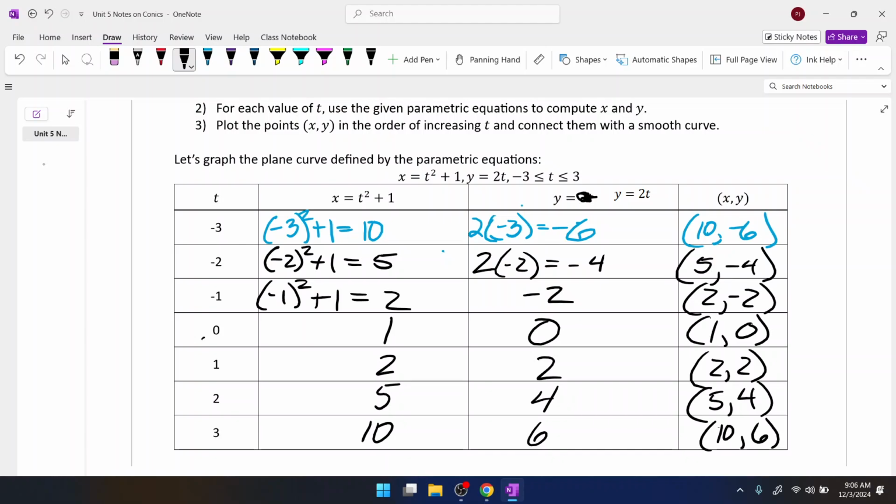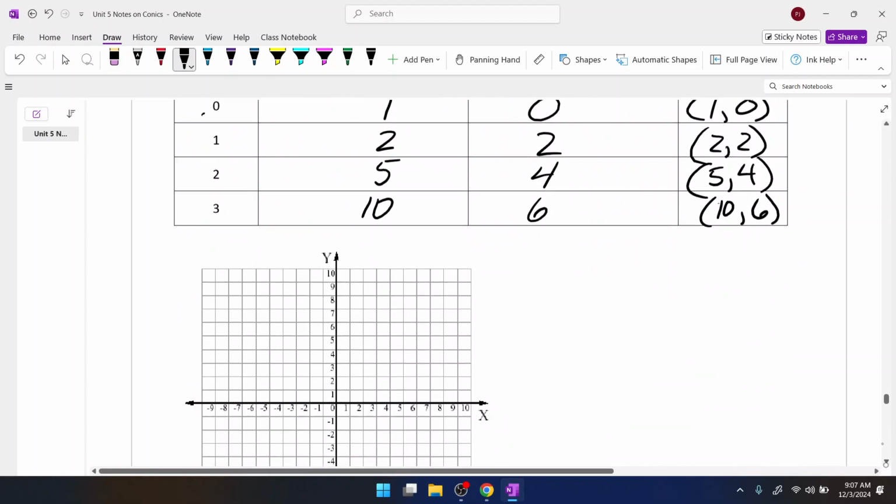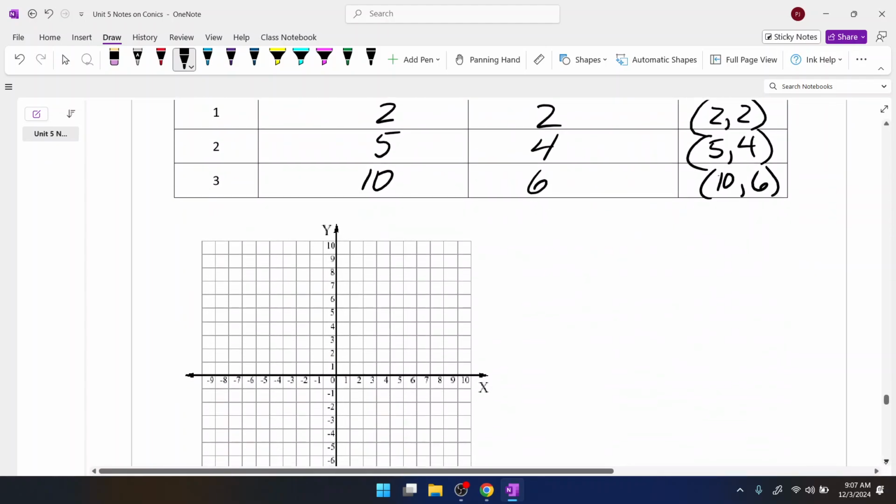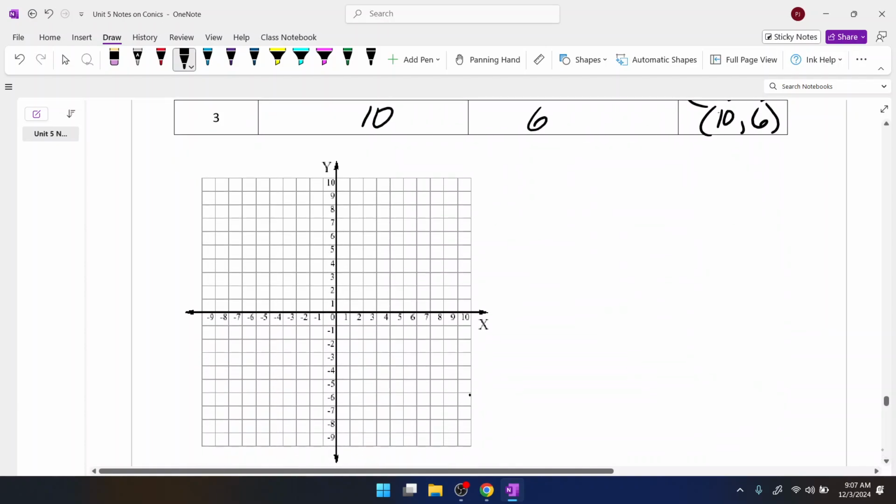All right, so we've got all of our points here. What we can do with these points is plot them, starting where t is going to be negative 3. That starts us out at 10, negative 6, which puts us right here.